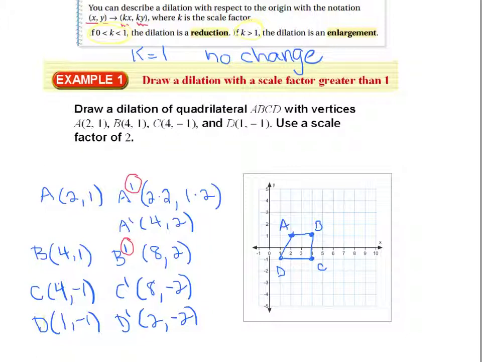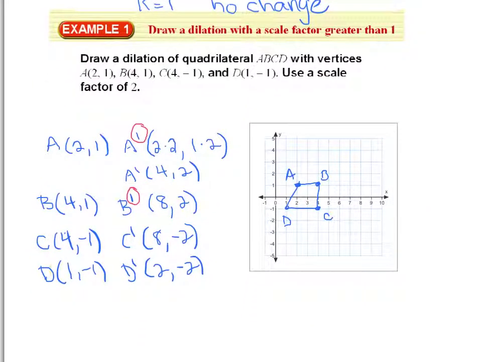So if I draw that, I'm going to graph those points in red. So it would be the point (4, 2). It would be the point (8, 2). It would be the point (8, -2). And (2, -2).